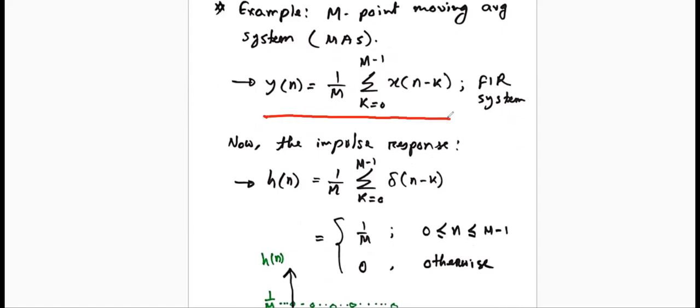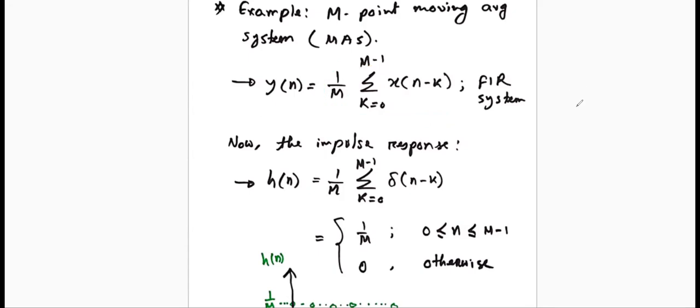As you can understand, we are taking M points from 0 to M-1. So that is x[n], x[n-1], x[n-2], x[n-3], like that, and then we are dividing by the total number of samples, that is M. So we are making it an average of that.